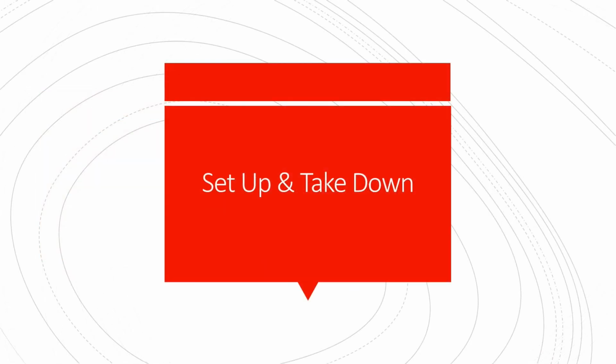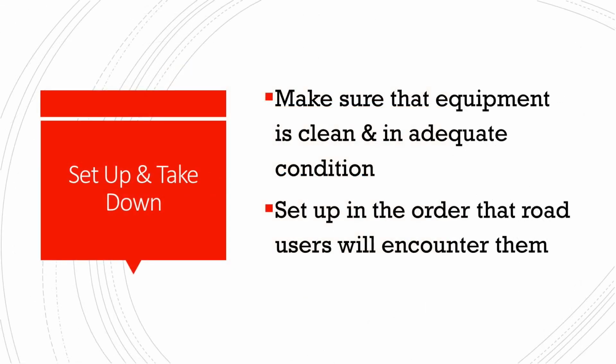Right? So as we're talking about setup and takedown, make sure that your equipment is clean and in adequate condition. As I've already mentioned, those strong yellow-green fluorescent colors, those strong orange-red colors, the reflective material, those high-intensity lights on vehicles and on signs and our other devices, they are there because they are not readily observed in nature.